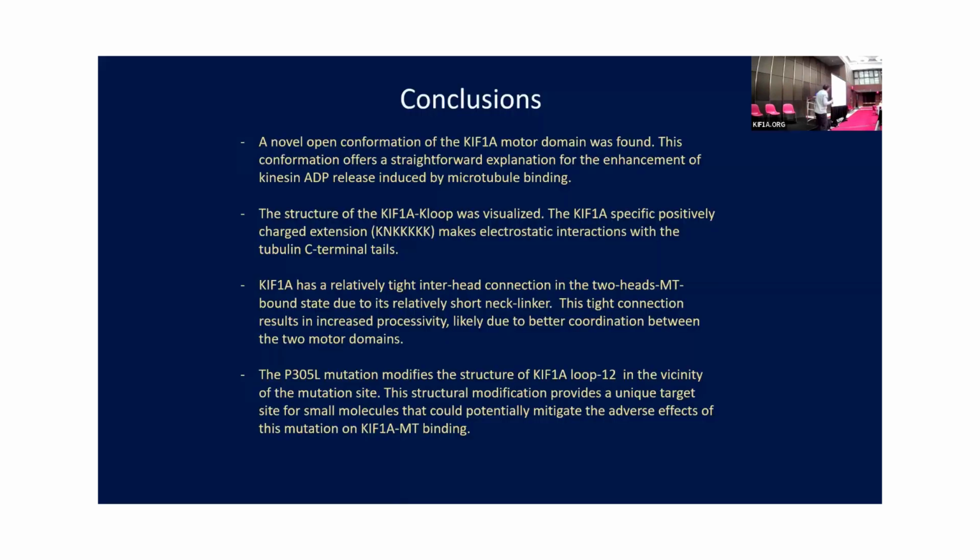I can read the conclusion. So we found a novel open conformation for the wild type kinesin. We saw this K-loop that is specific for KIF1A. We also saw that it had a very tight connection between the two motor domains that may explain part of why this motor can work for such a long distance.